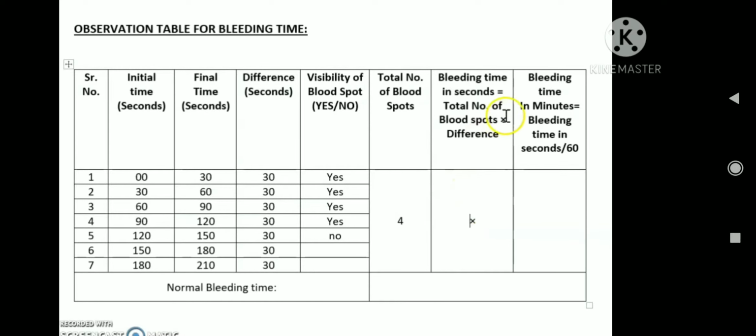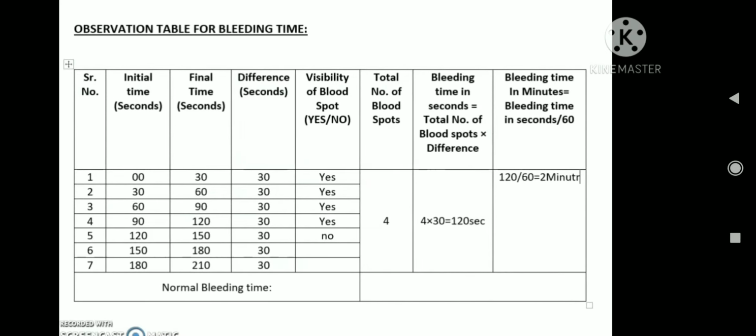Now converting 120 seconds into minutes: 120 divided by 60 is equal to 2 minutes. So this is the bleeding time.